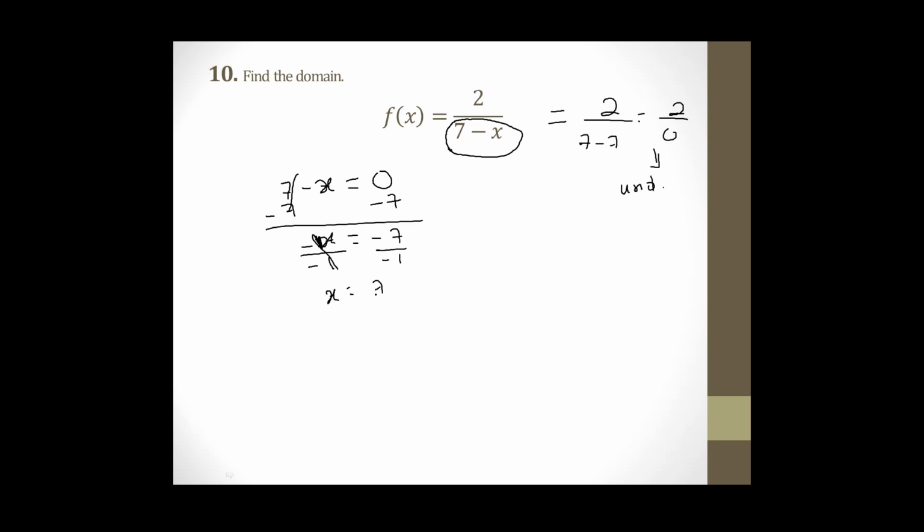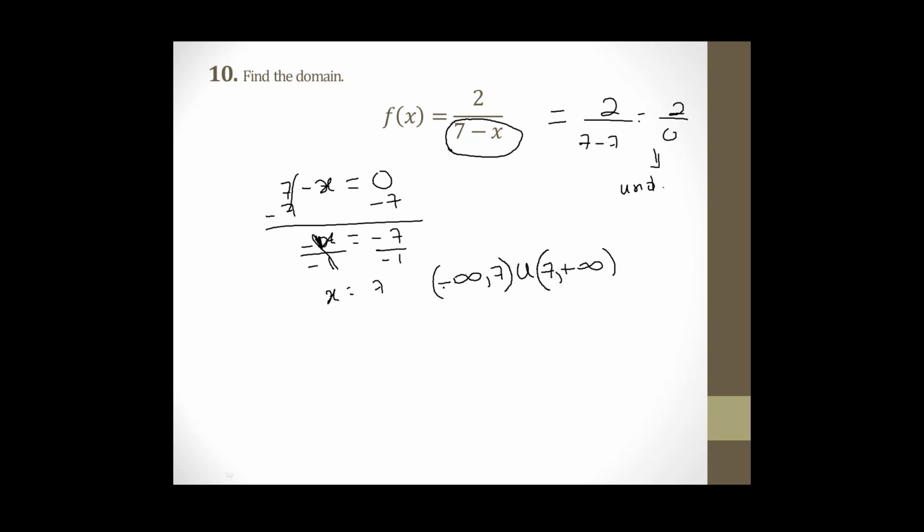And if you're writing that in interval notation, we'll have all the numbers from negative infinity to 7, but we're going to exclude 7 by putting parentheses, and then we're going to union that with starting with 7 again. We exclude 7 by using parentheses, and we go to positive infinity.